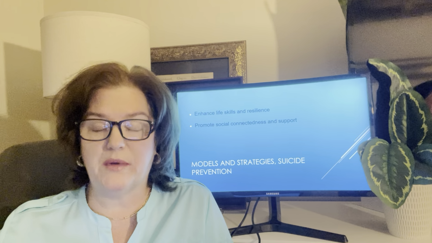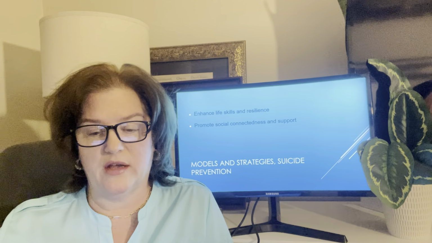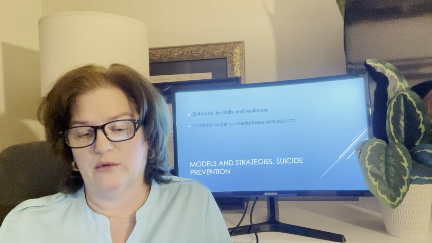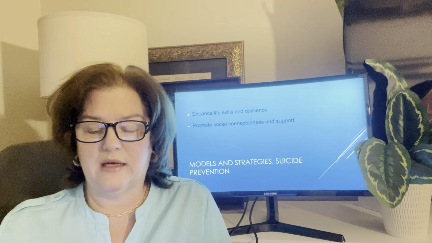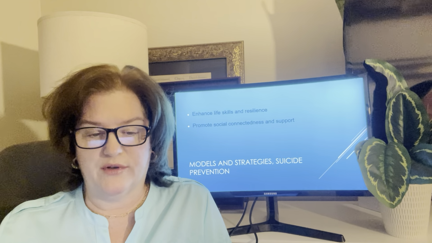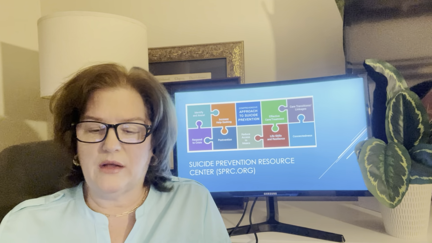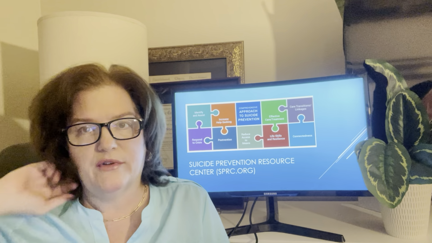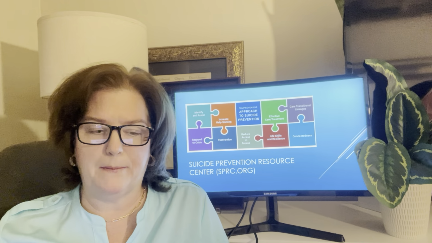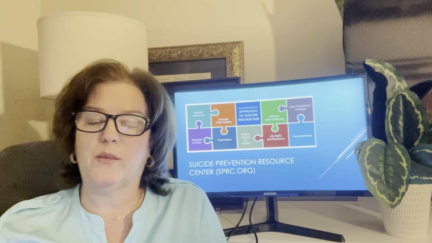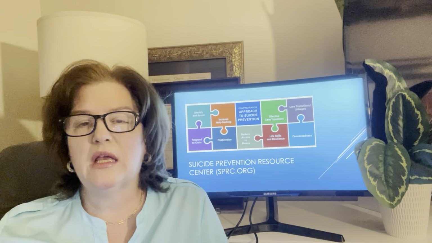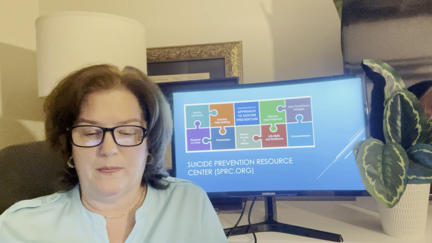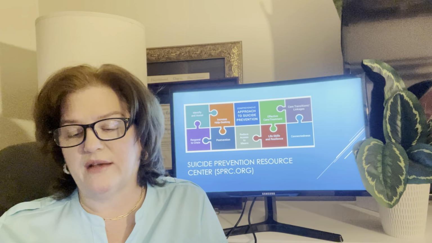The result would be to enhance life skills and resilience and promote social connectedness and support, to further continue with the strategies and models of prevention. Now, this is their graphic from the website, Suicide Prevention Resource Center. We have all the points here: comprehensive approach to suicide prevention, care and effective treatment, reduce access to means, life skills, and resilience.